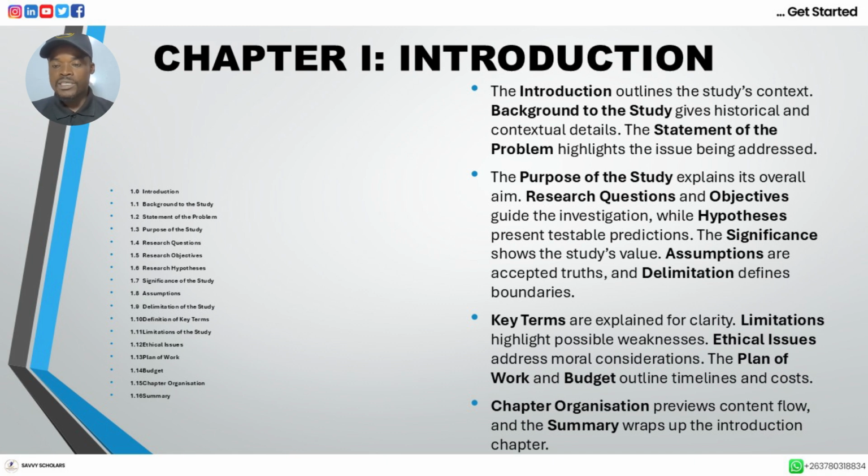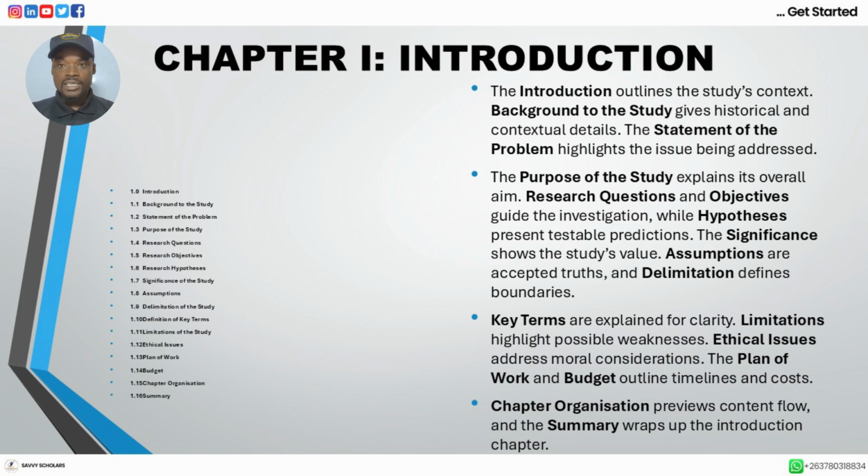The purpose of the study explains the overall aim, while research questions and objectives guide the investigation, and hypotheses present testable predictions. The significance shows the study's value, assumptions are accepted truths, and the delimitations define the boundaries of the study. Key terms are explained for clarity.